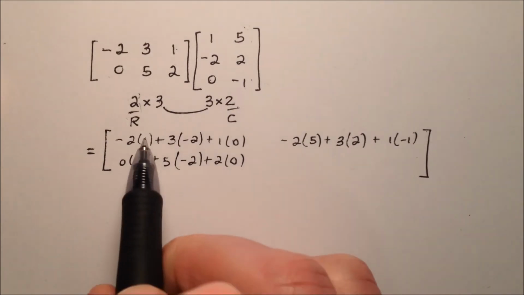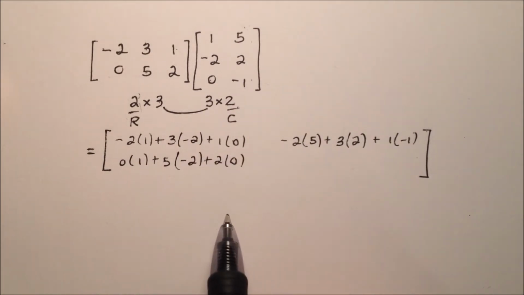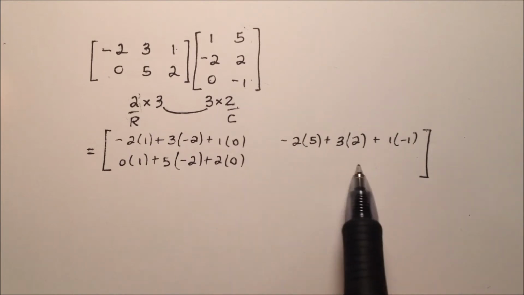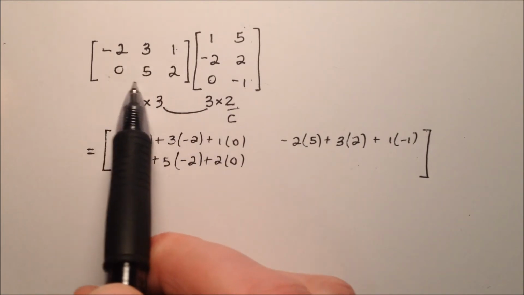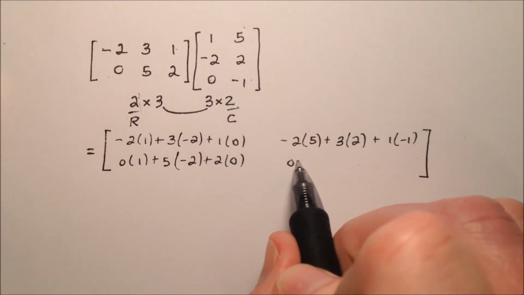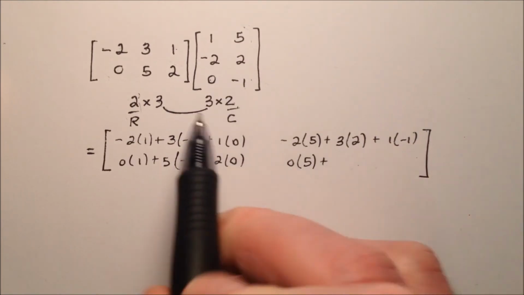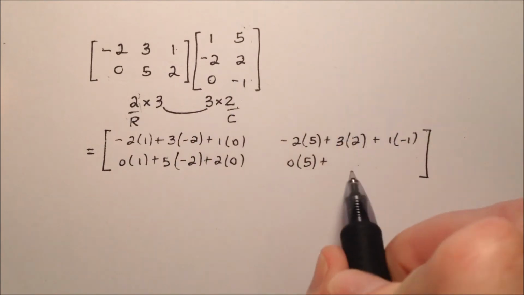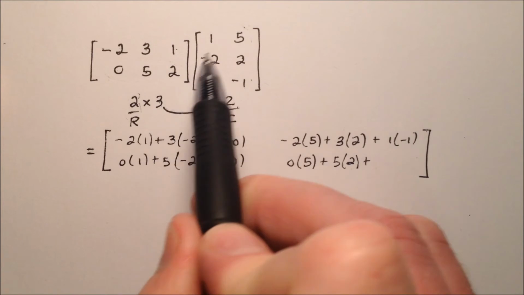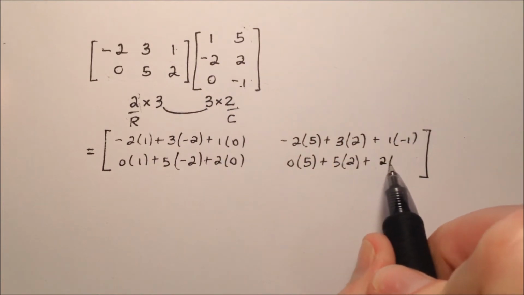And you'll notice some nice patterns that will start to emerge here. So finally, row 2, column 2, so I'm going to take row 2 and column 2, and multiply terms: 0 times 5, and to that I'm going to add 5 times 2, and finally add 2 times negative 1.